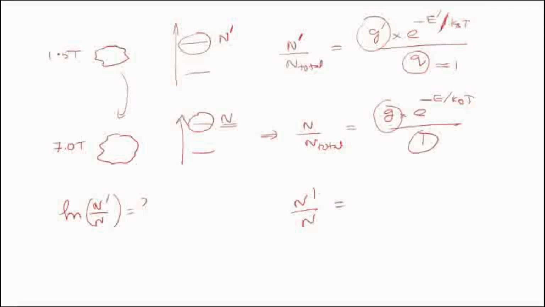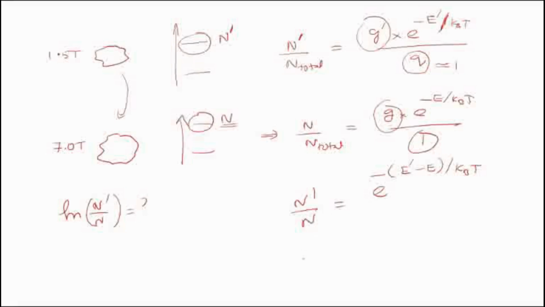You will get n prime by n equal to, in the numerator e power minus E prime by KBT, in the denominator e power minus E by KBT. If you bring the denominator value to the numerator, you can write directly e power minus E prime minus E by KBT. We can write n prime by n is equal to e power minus E prime minus E by KBT.